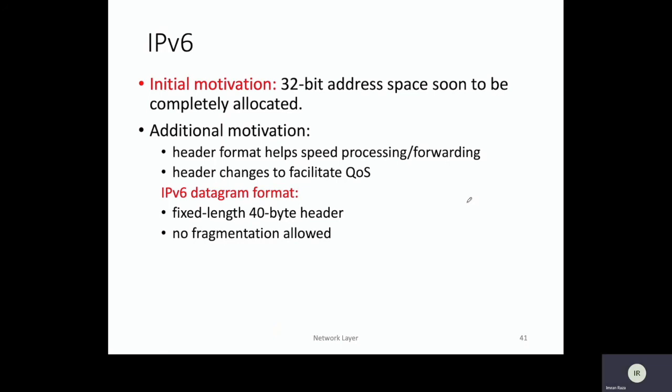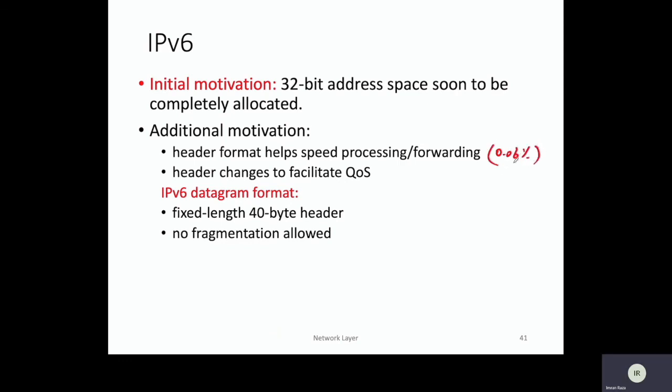The additional motivation was to come up with a header format that speeds up the forwarding or processing, right? And that's why we will see in a minute that the header of IP version 6 is very simple, and because of this, the overhead is only 0.06%.